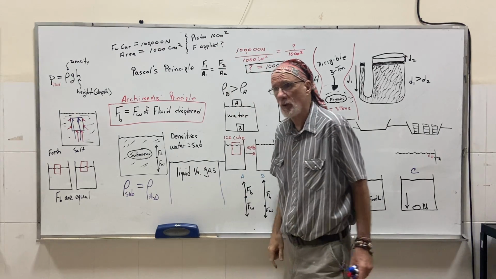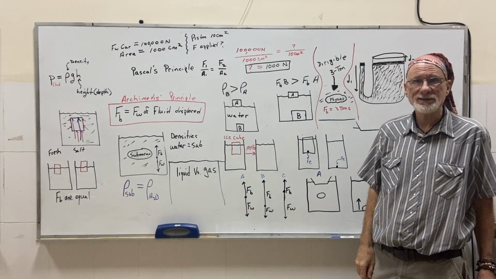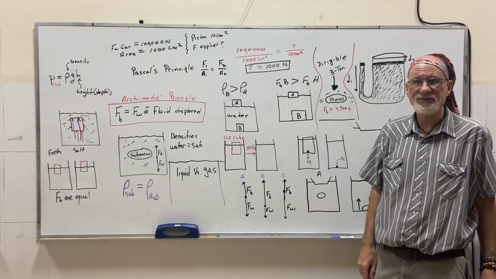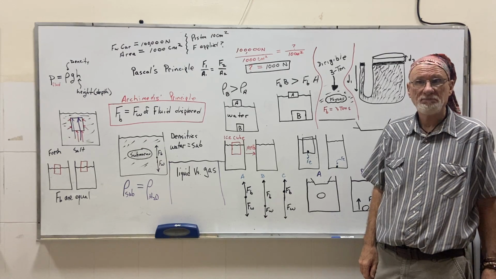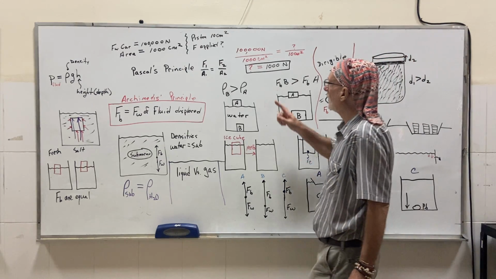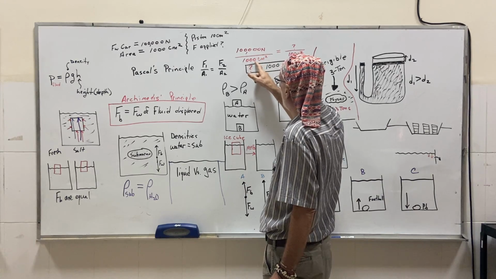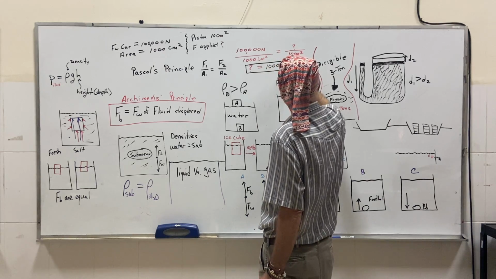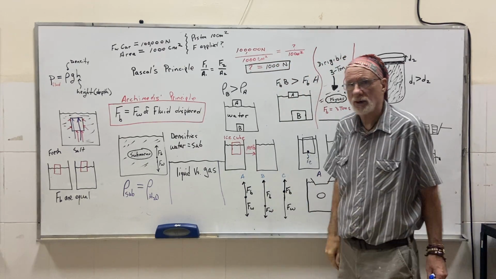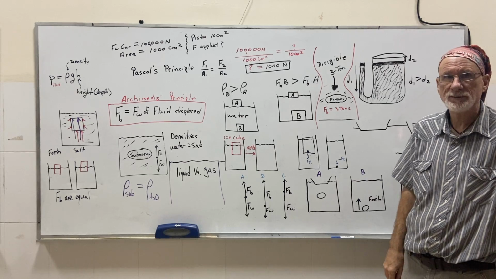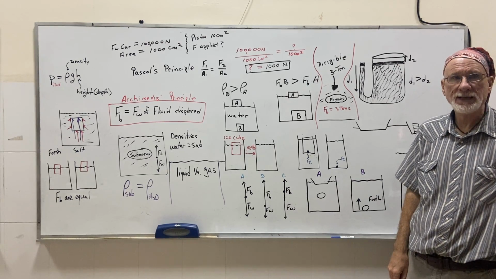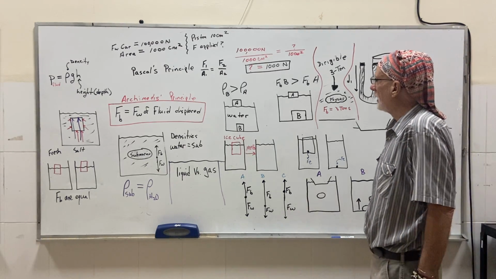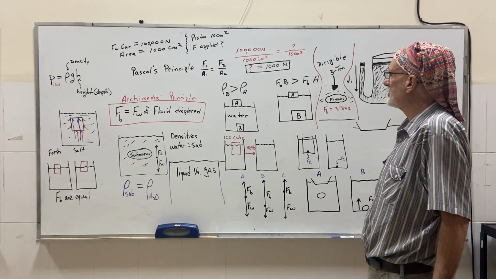What force do I have to apply to that piston in order to be able to lift that car? So it's 100,000 newtons over 1,000 square centimeters equals question mark over 10 square centimeters. Clear? And the answer is 1,000 newtons.